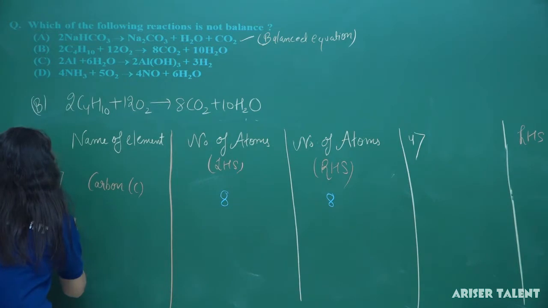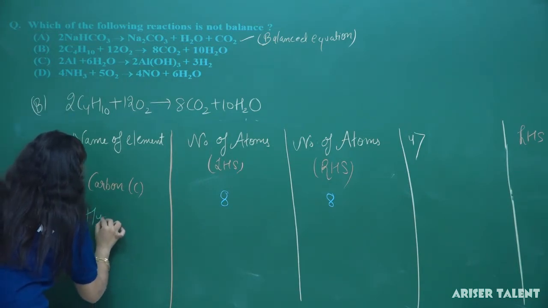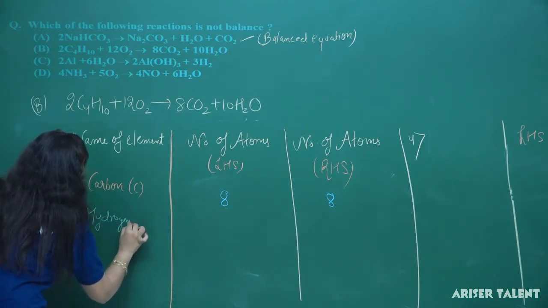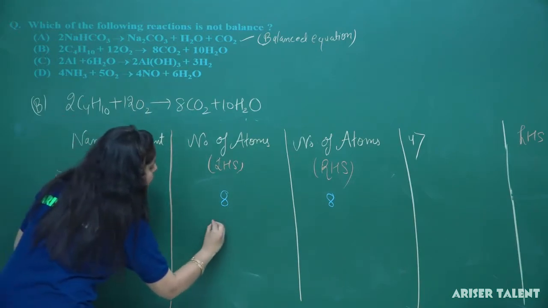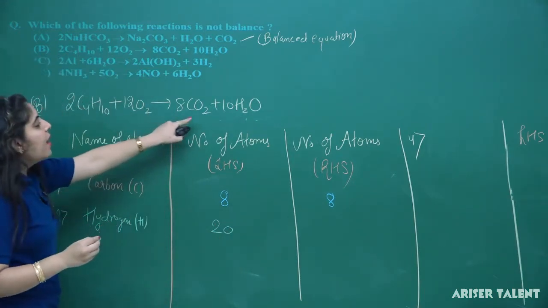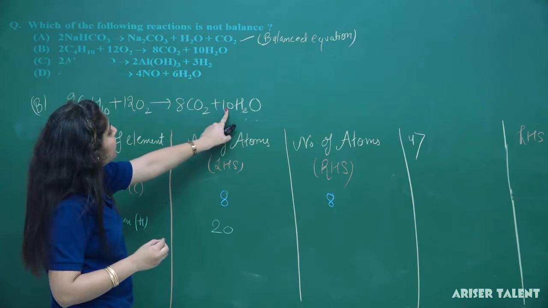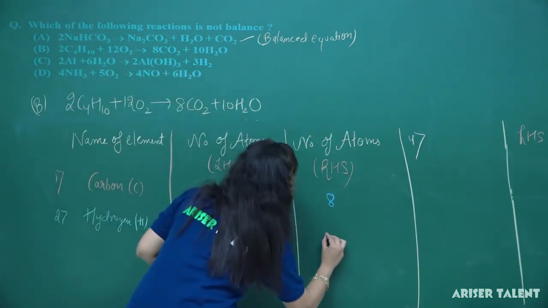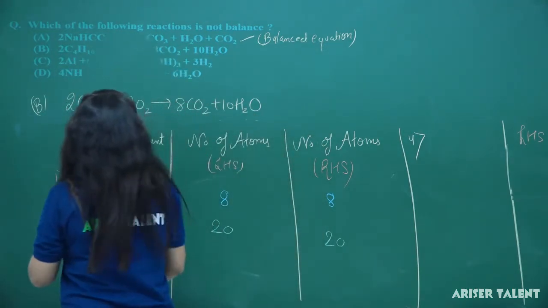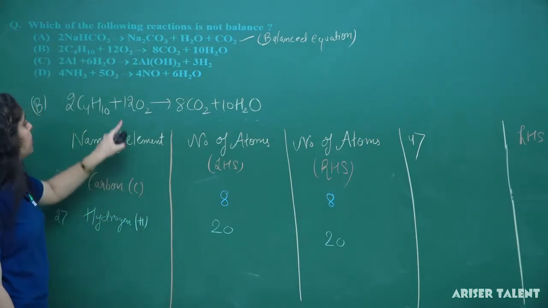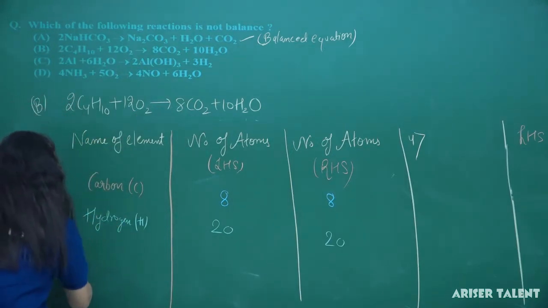So hydrogen, that is H, equals 20 here. Now in the RHS side again, we are provided with 10 into 2, that is equal to 20. Coming to the oxygen atoms, 12 into 2, 24.